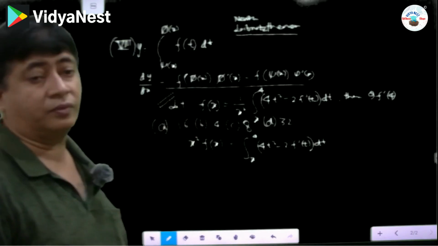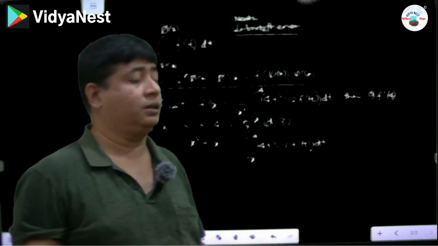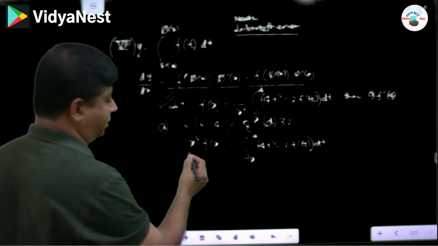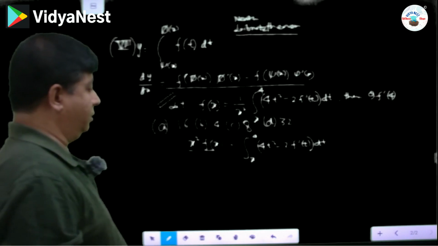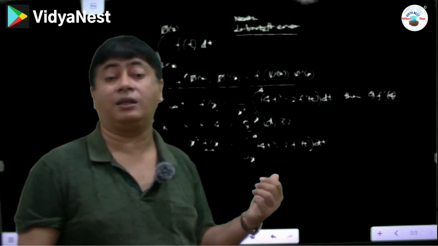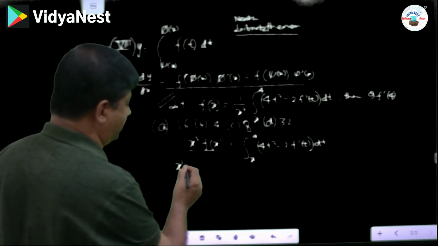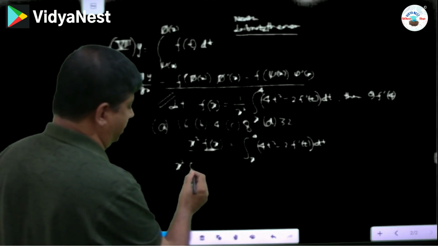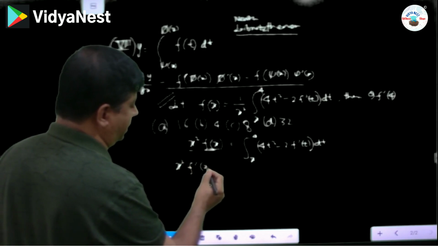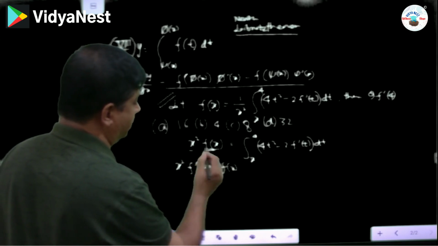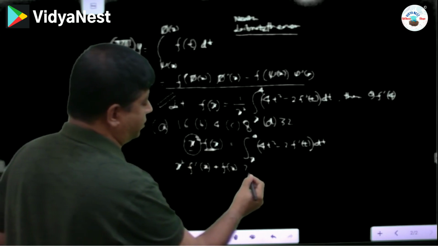Now we will differentiate it with respect to x on both sides. On this side, differentiation needs what? UV method. x square, f(x)'s differentiation is f dash x, f(x) fixed, x squared differentiation is 2x.